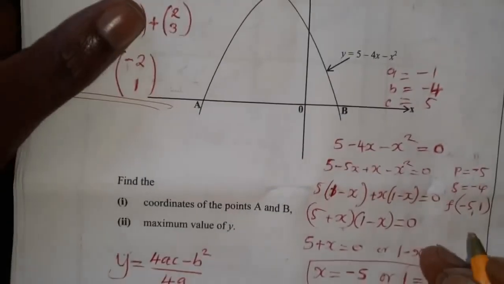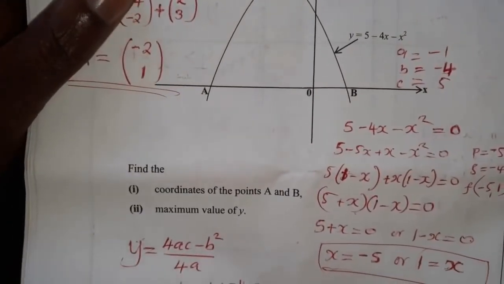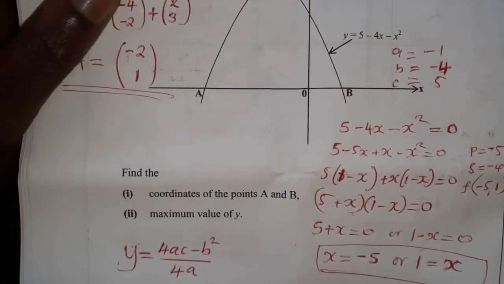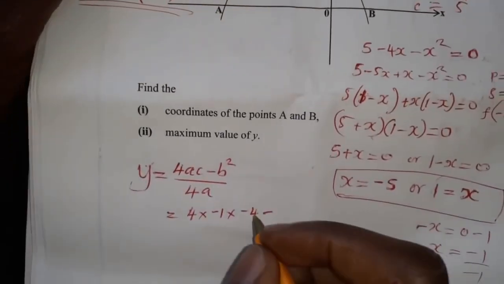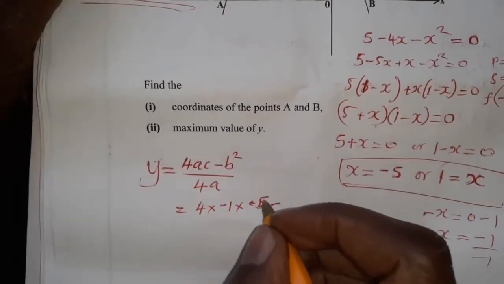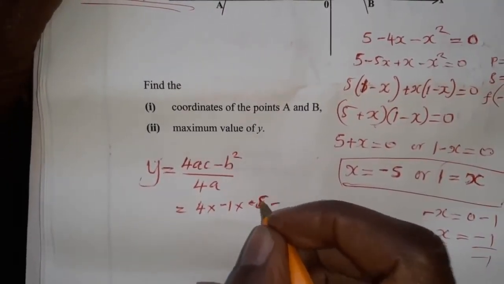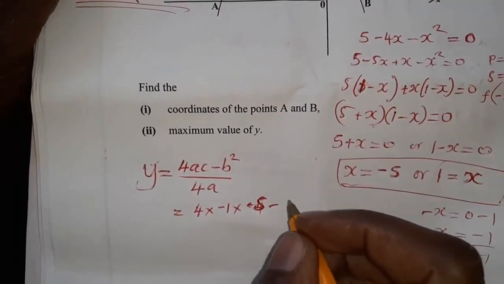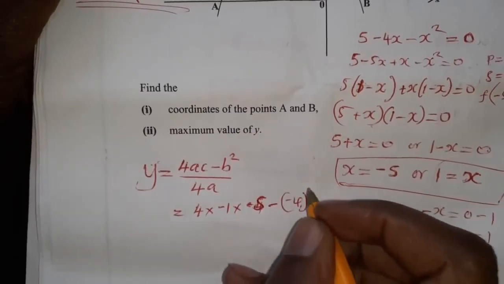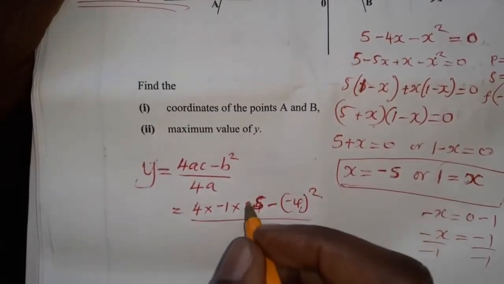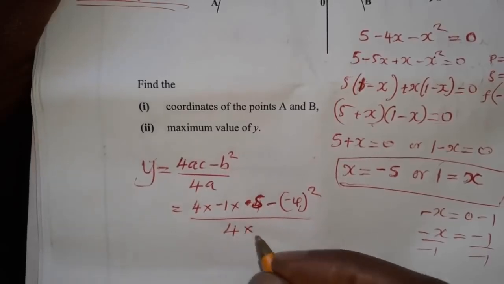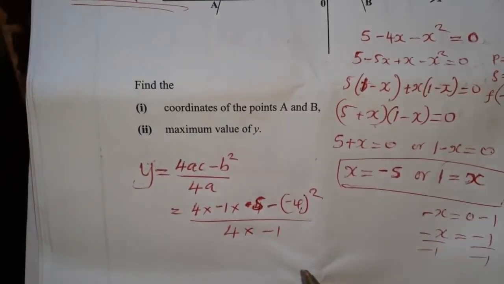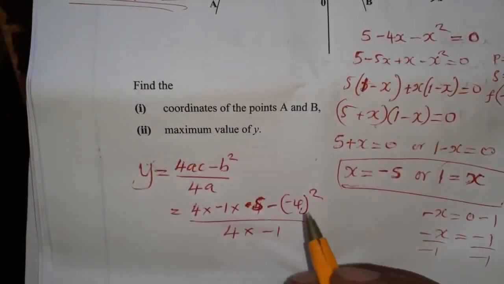Sorry, this is supposed to be 5 here. Then minus -4 squared, over 4 multiplied by -1.